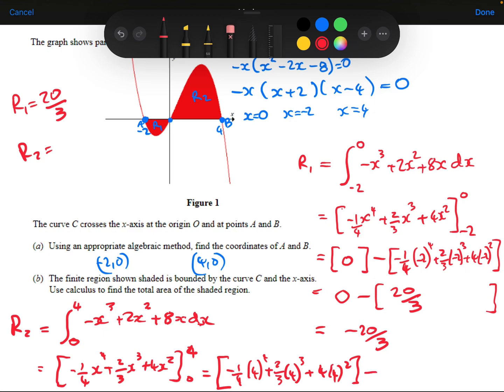If I substitute 0 into the lower limit, 0 into all of those terms, I'll get 0. So again, on my calculator, that gives me 128 over 3. So that is the area of R2.